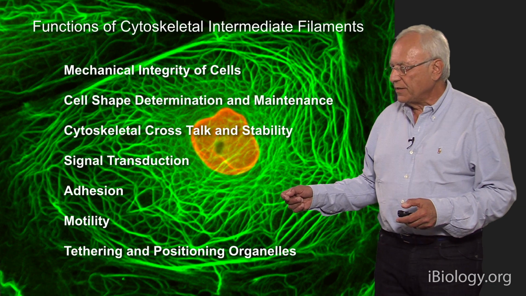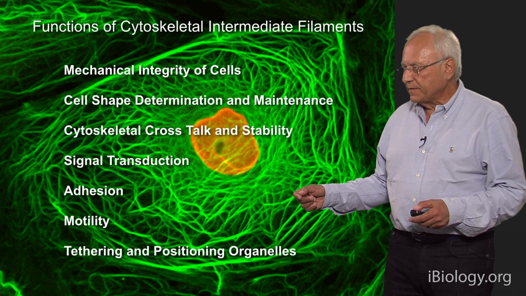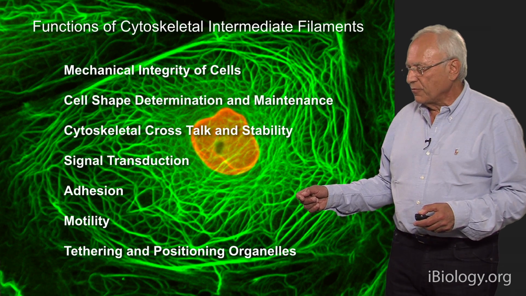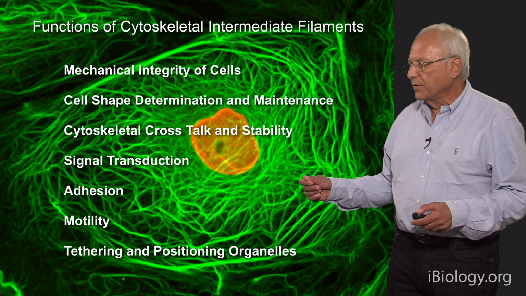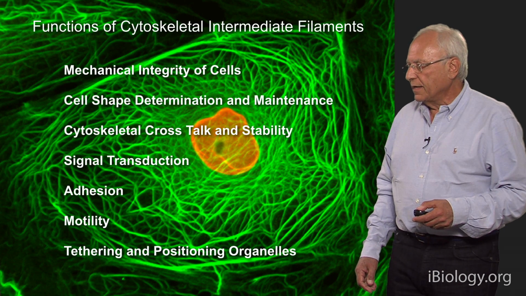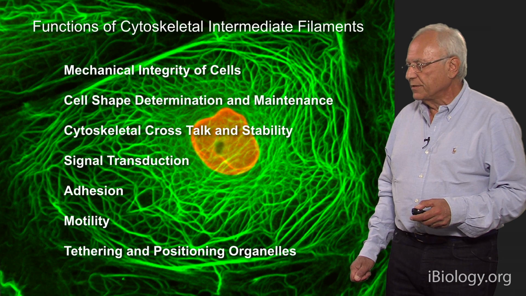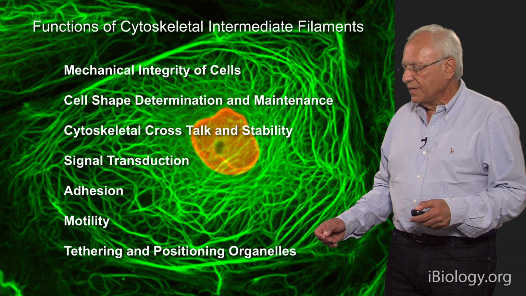Now, the functions of cytoskeletal intermediate filaments are numerous, and we won't have time to discuss all of them today, but we'll discuss a few of them. But let me summarize by saying they're very important in the mechanical integrity of cells. They're very important in the shape of cells. They're involved in both shape determination and maintenance. They're very involved in cytoskeletal crosstalk and stability.